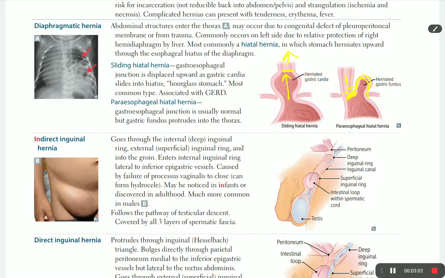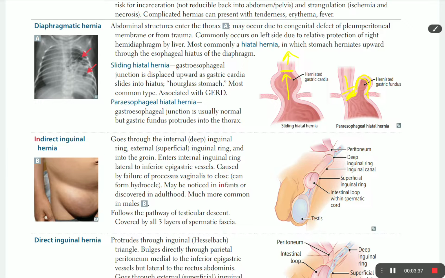So in both hiatus hernia, the stomach enters the thoracic cavity, but in the sliding hiatus hernia, the esophagus goes back, and the stomach also comes in. In the paraesophageal, there is no effect in the esophagus, but the stomach goes into the thoracic cavity.